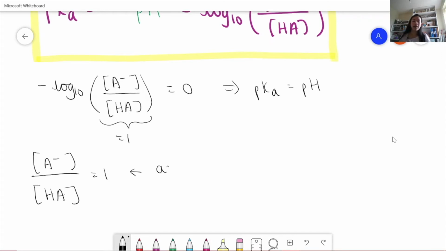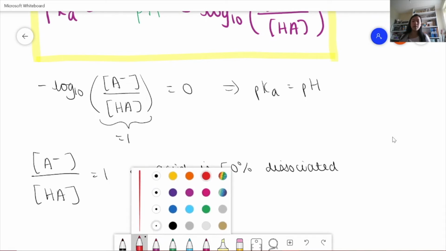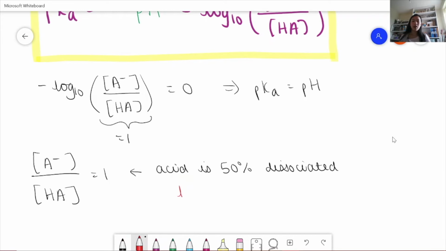So this is when the acid is 50% dissociated. And we call this half neutralized. And that's because we've got the same amount of the acid which has gone through the equilibrium and this A minus.